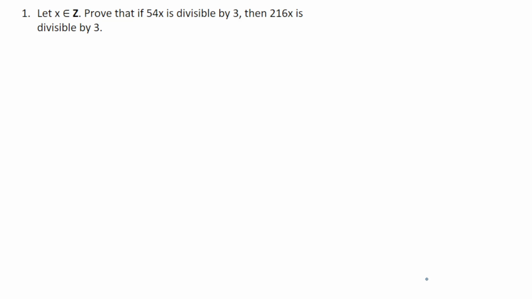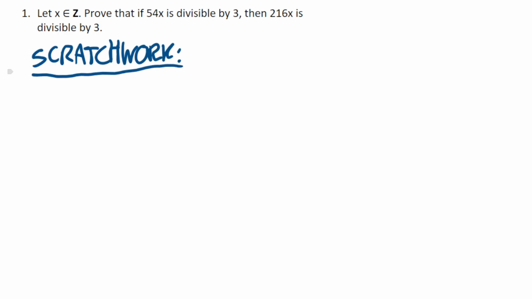So we have let x be an integer, and we need to prove that if 54x is divisible by 3, then 216x is divisible by 3. Well, let's first start this problem off by doing some scratch work. So let's see if 216 is divisible by 3.